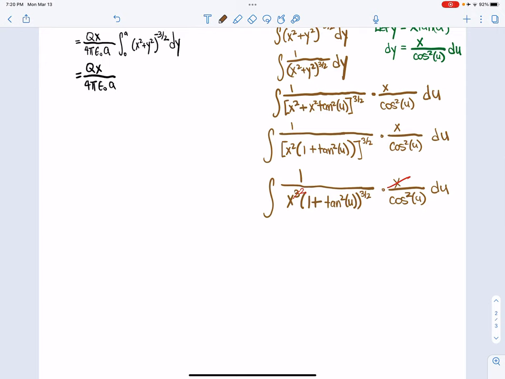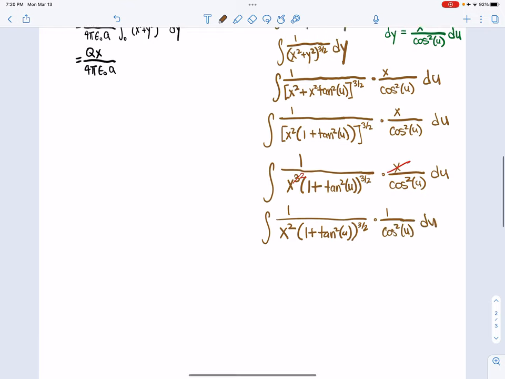And then I would be left with the integral of 1 over x squared times (1 plus tangent squared of u) to the 3/2 times 1 over cosine squared of u du, right?